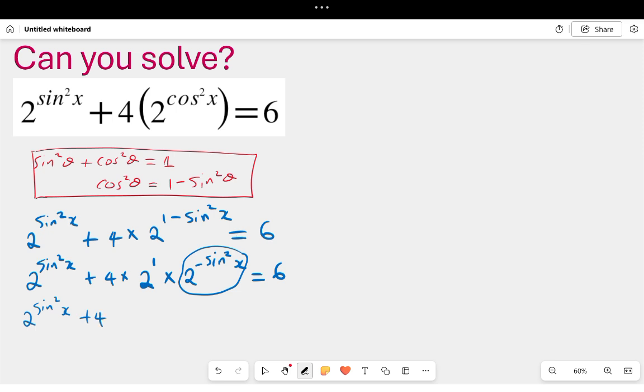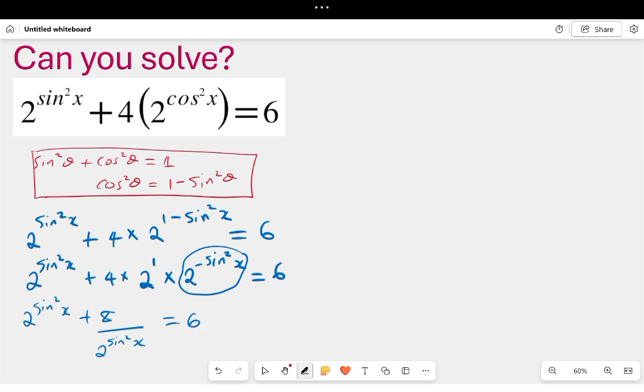Actually, 4 times 2 we can get as 8, and then divide by 2 to the sine squared x is equal to 6.